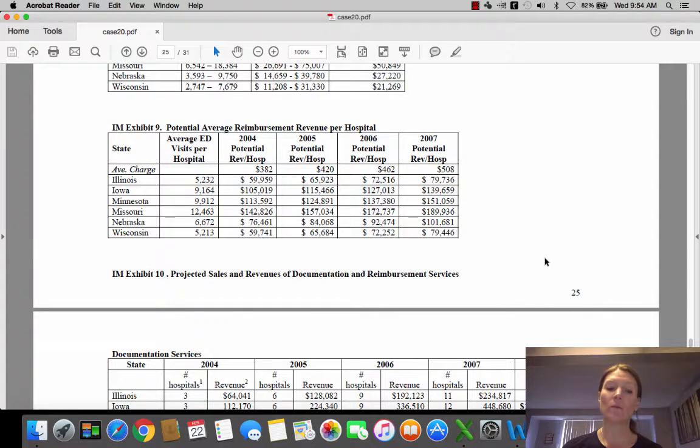So then moving forward, moving into question 4, it talks about developing all of the possible sales plans.